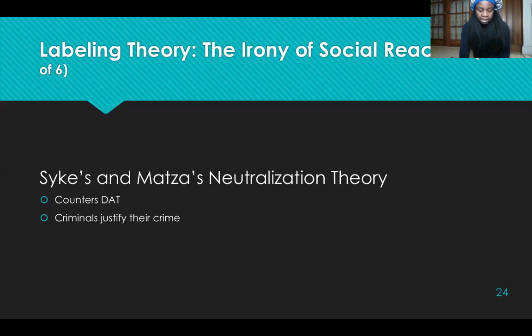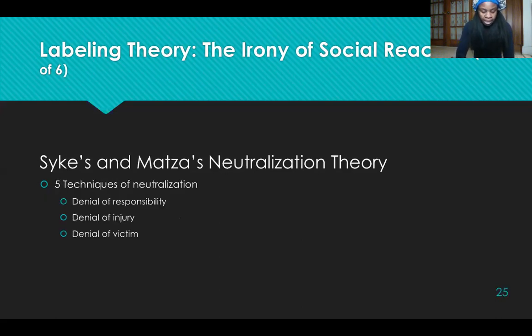Neutralization theory suggests that delinquents and criminals know their behavior is wrong, but they justify it on a number of grounds. Doing so allows offenders to drift into and out of criminal conduct without buying into criminal definitions or identifying as a criminal.